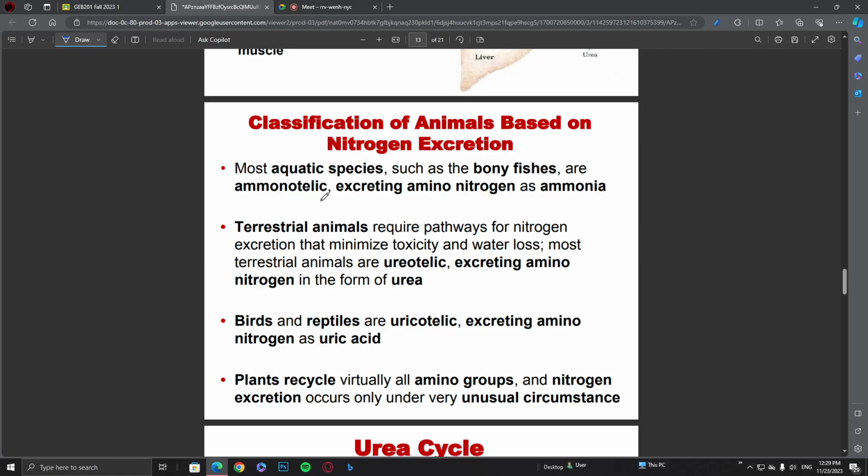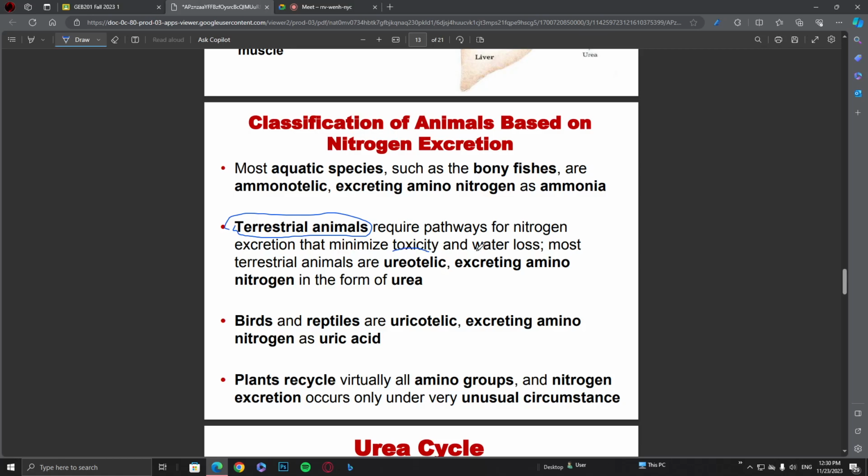The next group is called terrestrial animals. Terrestrial animals need the nitrogen to be excreted, otherwise that will cause toxicity and even water loss.